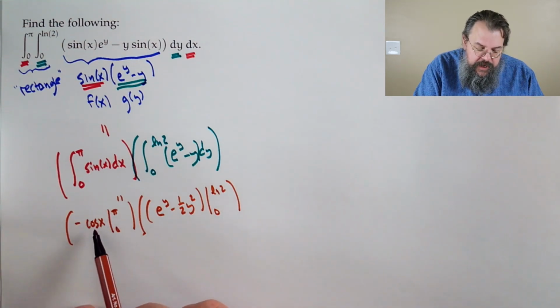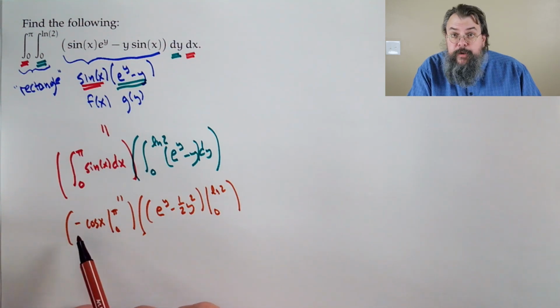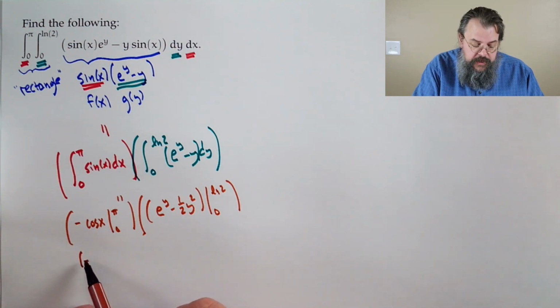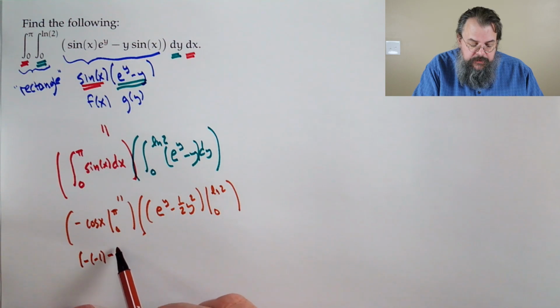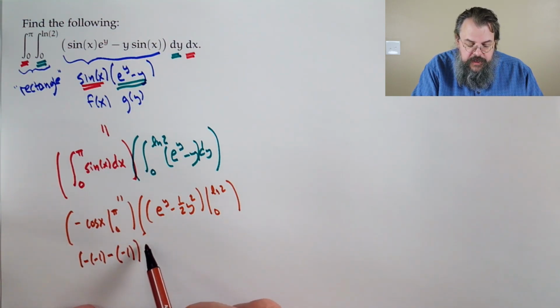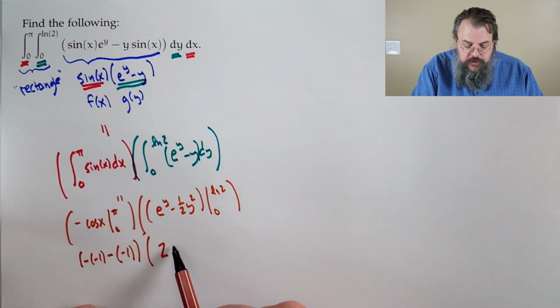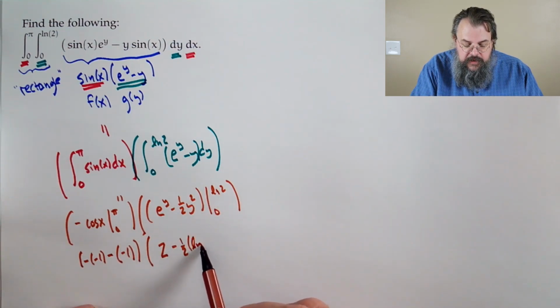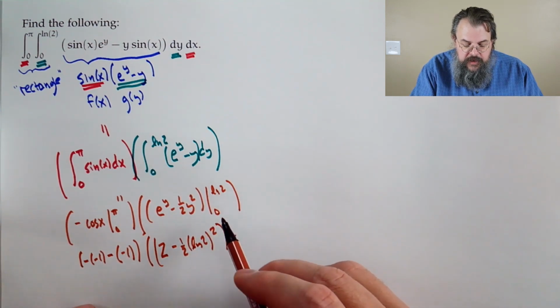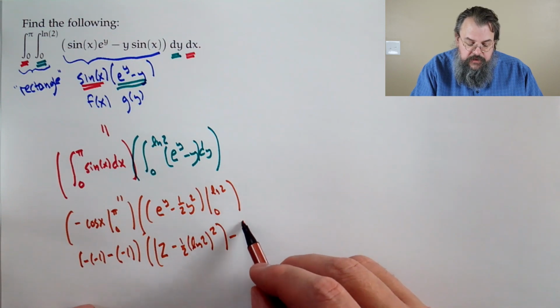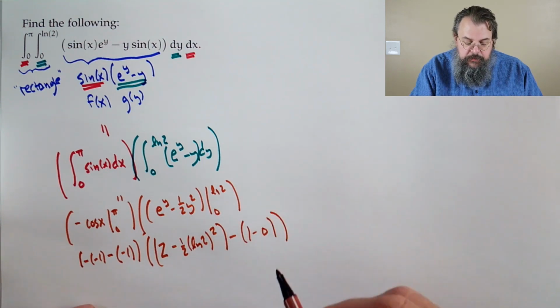So cosine of pi is minus 1. Minus 1 makes this a positive 1. Then we subtract minus cosine of 0, minus 1. And here we have e to the log of 2, 2 minus a half, log of 2 squared. And then subtract, plug in 0, e to the 0 is 1 minus 0.